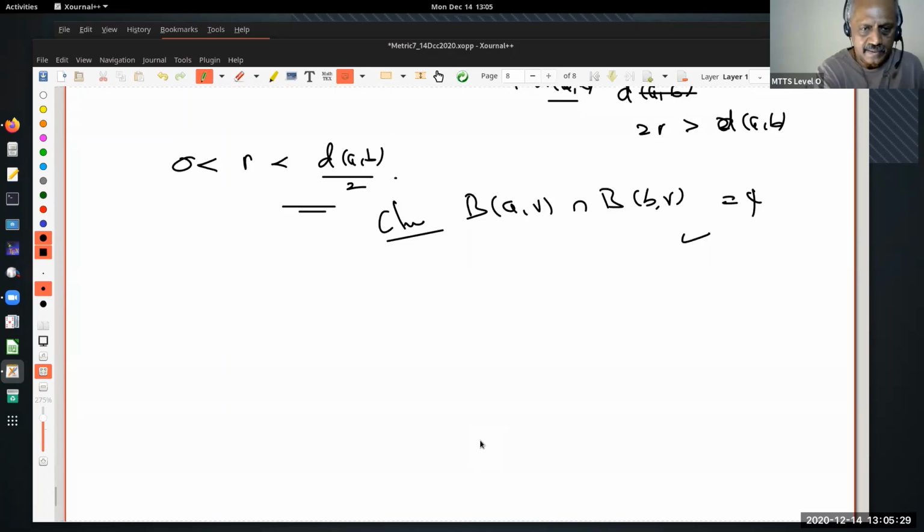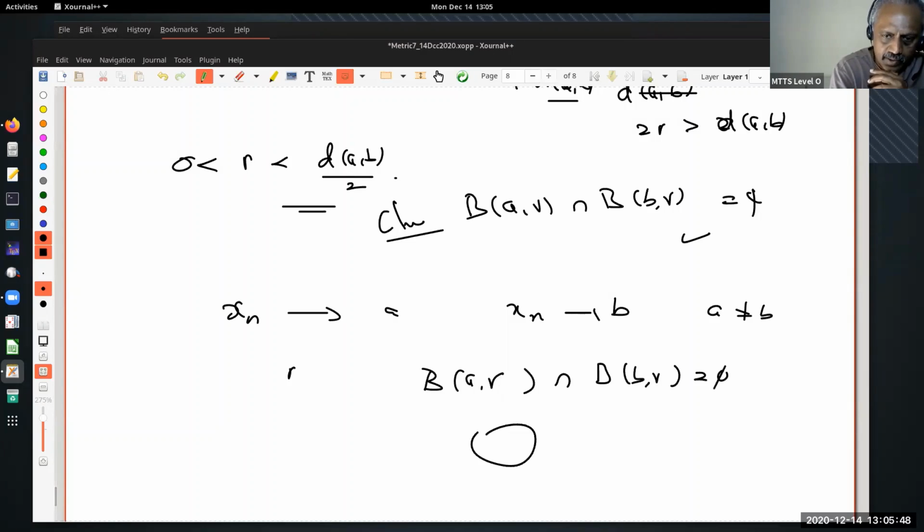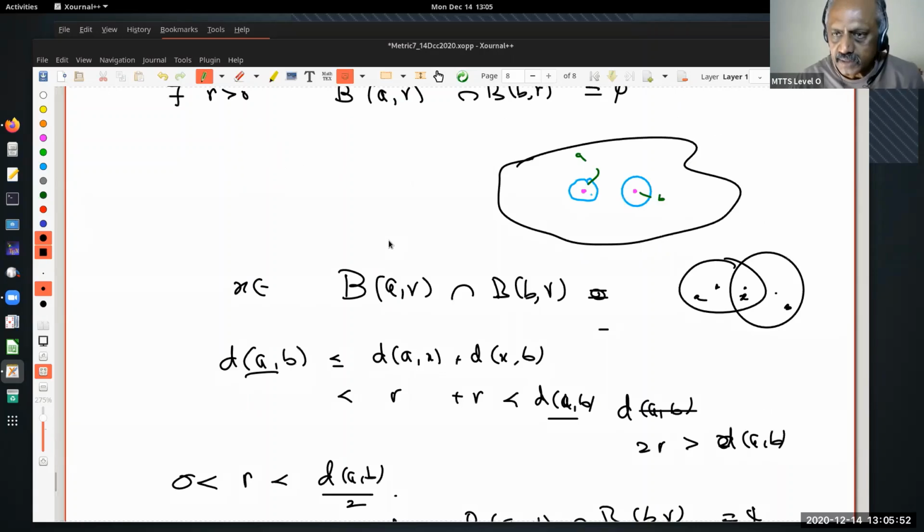Okay, now come back. Now suppose my Xn converges to A and Xn converges to B and A is not equal to B. I claim A is equal to B; suppose not. Then what do I know? As earlier, there exist two open balls of radius R so that B_R(A) intersection B_R(B) is empty, right? So I have this, or maybe I have a picture earlier, right?